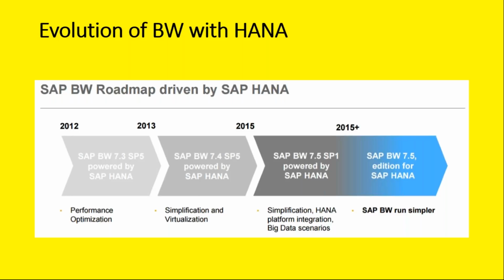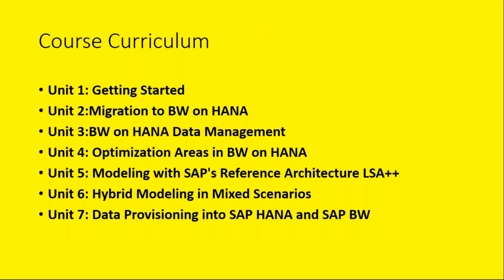This demo session basically highlights what we have new and what we are going to cover during this training, which involves BW 7.5 with the features of having HANA as an underlying database.